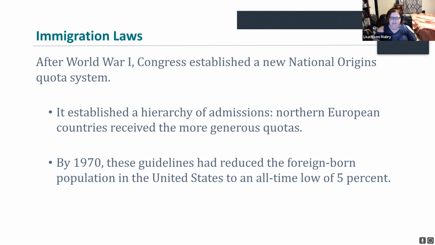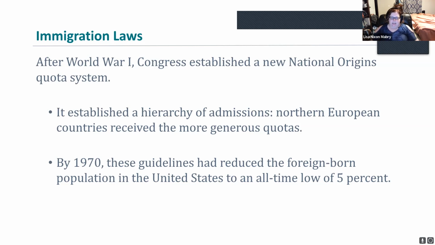European countries, specifically Northern European countries, received a larger quota, and that was a way to try and keep us white. White is right is kind of what their attitude was. That's the way it needed to be. They wanted to turn back the clock where Northern Europeans dominated culture and dominated society.